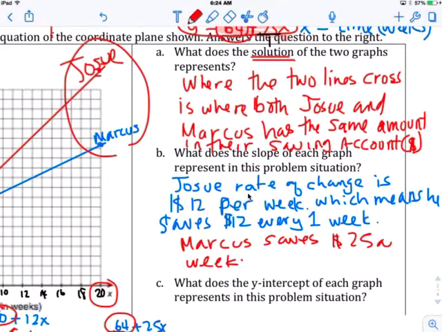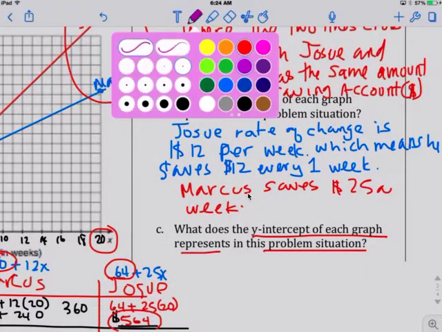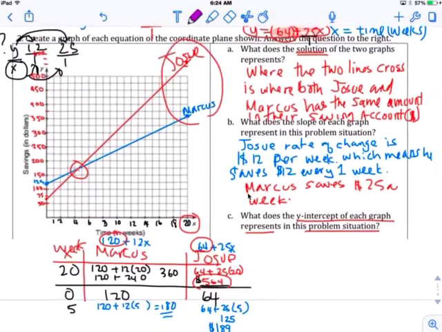What does the rate of change mean? What does the y-intercept in each graph represent in this problem situation? Okay, there are two y-intercepts.